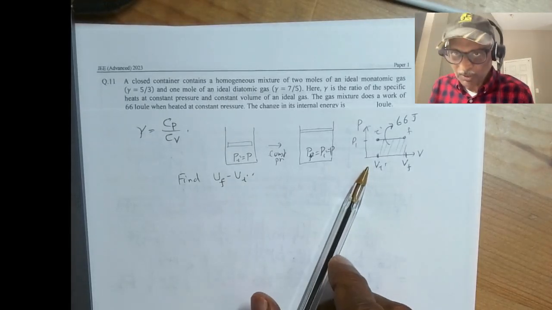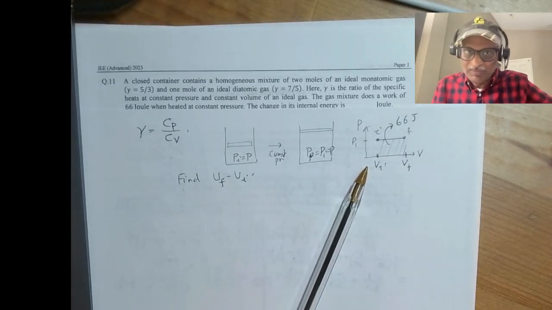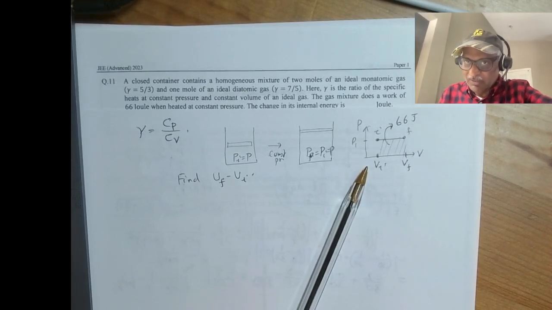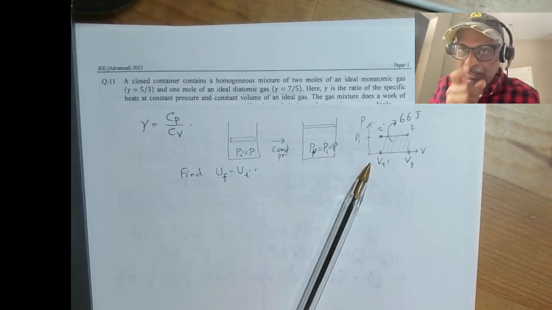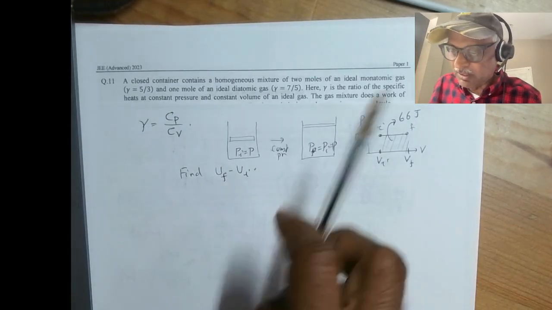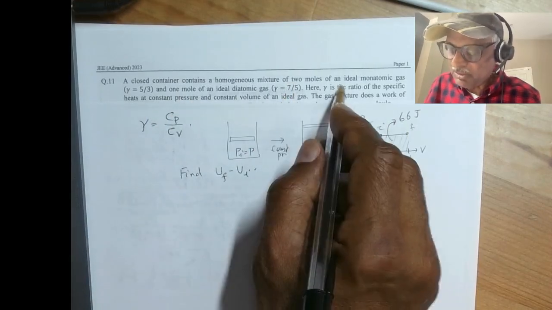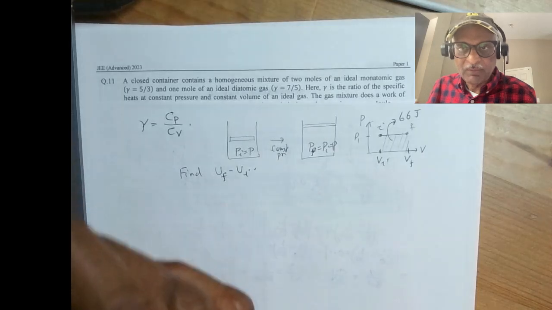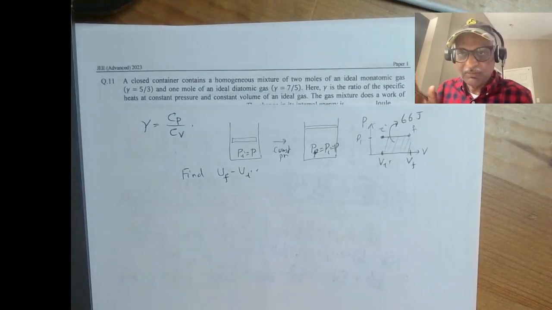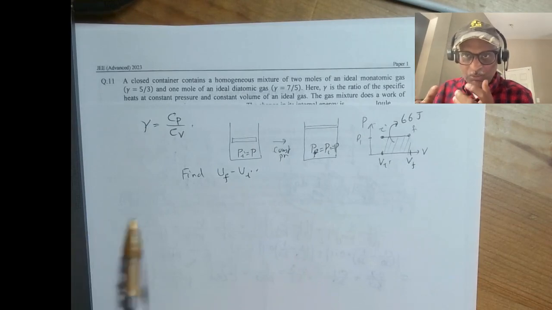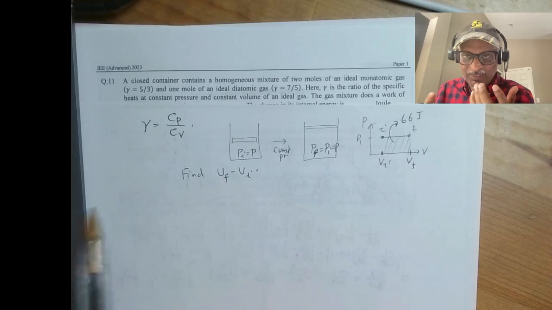I hope you made some progress in solving this problem. A couple of things you have to know about the ideal gas: it is a mixture, but ideal gases don't interact with each other, so you can think of each contribution as coming from the separate gases.